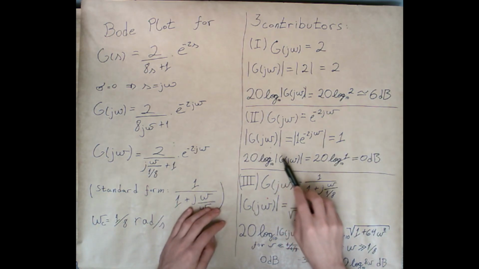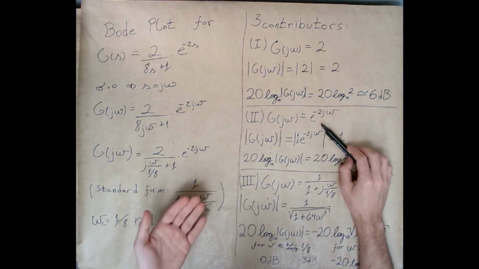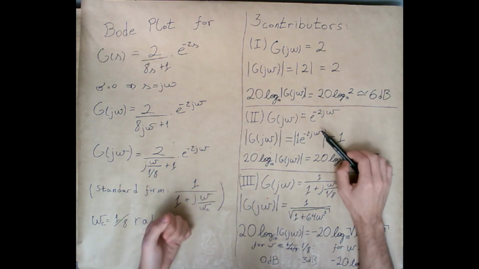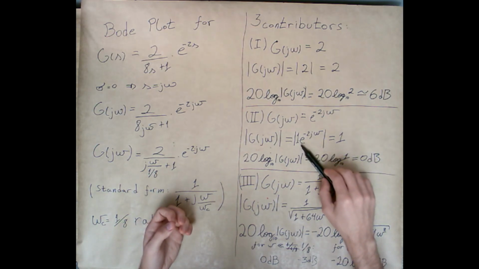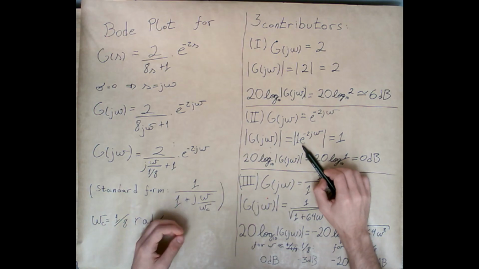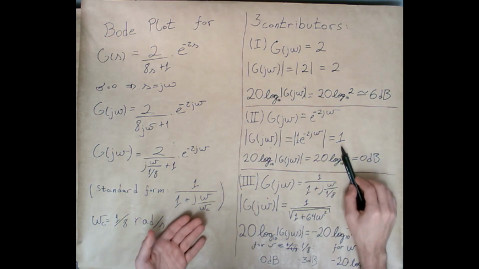The second term, it's an exponential, and if you are familiar with the polar exponential form of a complex number, you remember that this is a number of radius 1 with an angle of -2ω, so its absolute value is just 1.